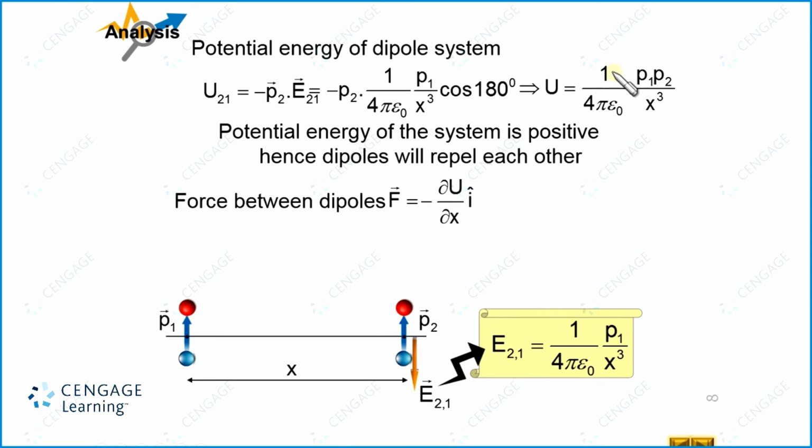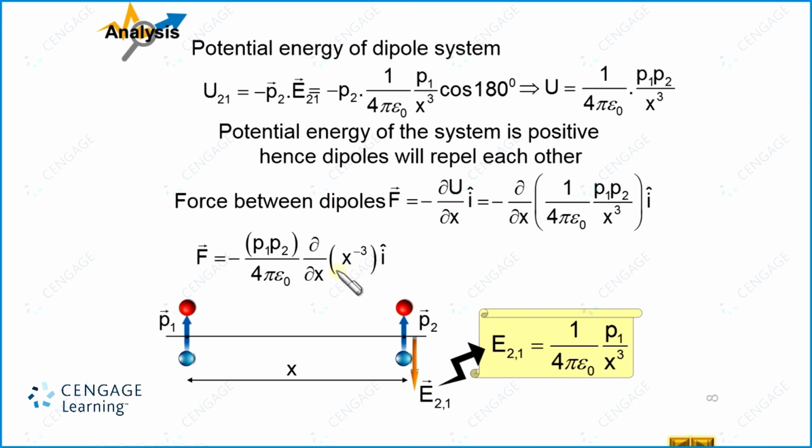Here we can observe that 1 upon 4 pi epsilon naught, P1 and P2 are all constant terms, so we need the derivative of 1 upon x cube. Let us write the term 1 upon 4 pi epsilon naught P1 P2 outside the derivative. We need to find the derivative of x to the power minus 3, which equals minus 3 multiplied by x to the power minus 3 minus 1.